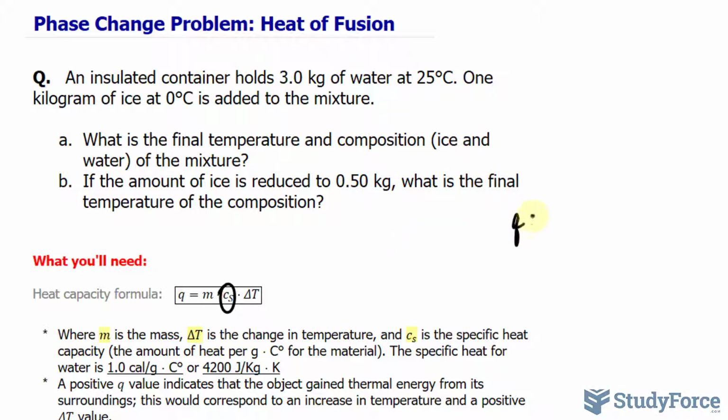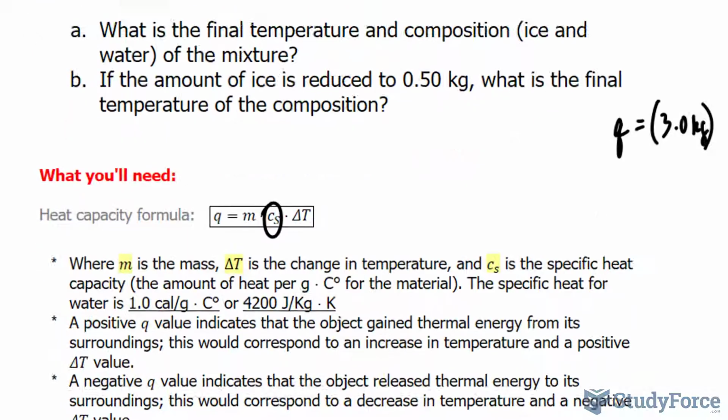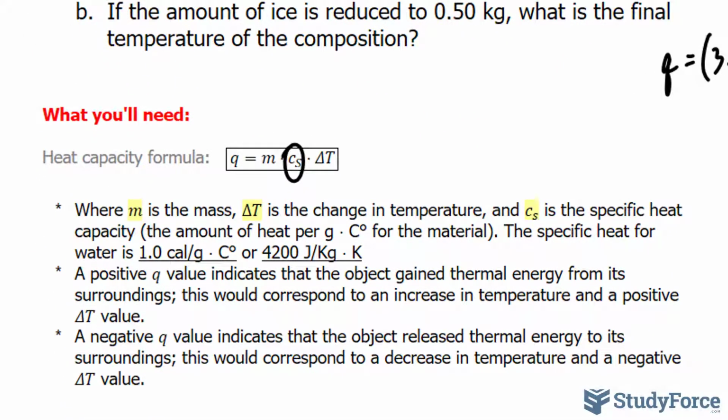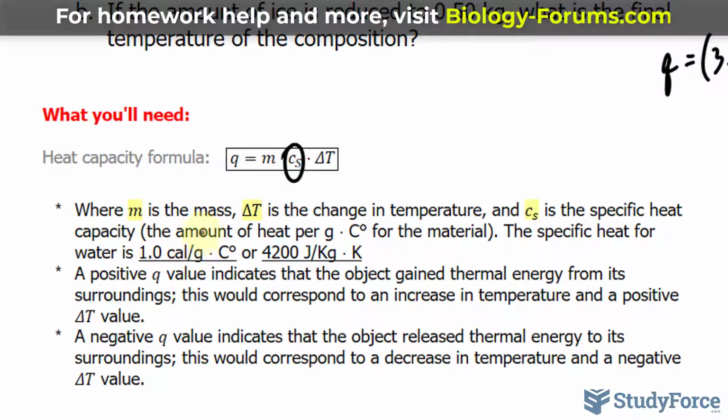We have Q is equal to the mass of the water being 3.0 kilograms, multiplied by its specific heat capacity. And in this problem, unlike in the previous, I'll be using the version of the specific heat capacity that has joules per kilogram times Kelvin, as opposed to when it was in calories per gram times degrees Celsius. They are the same thing.